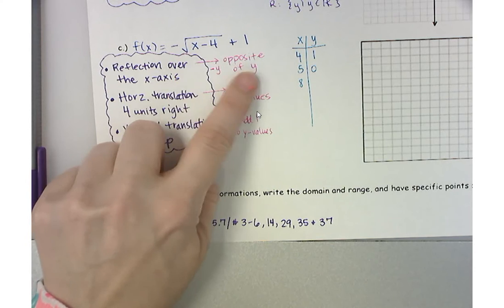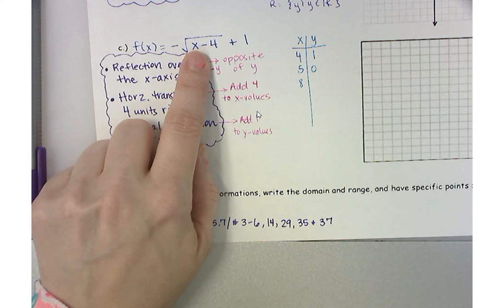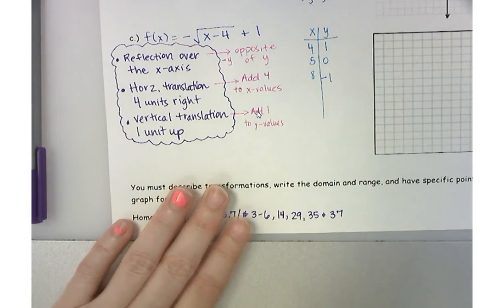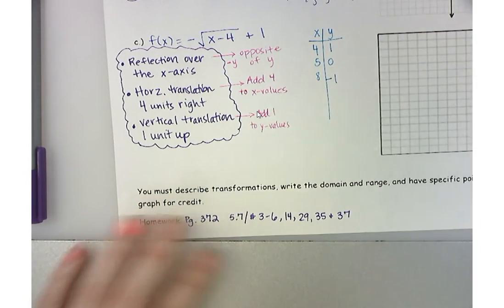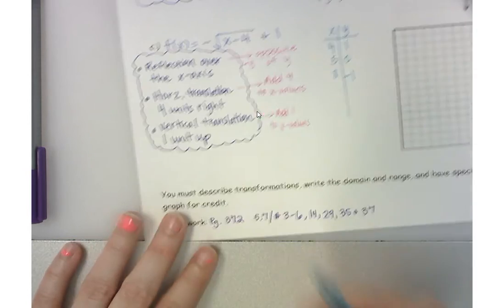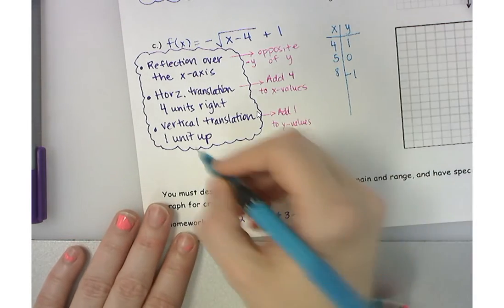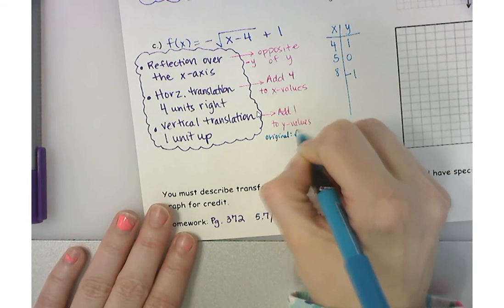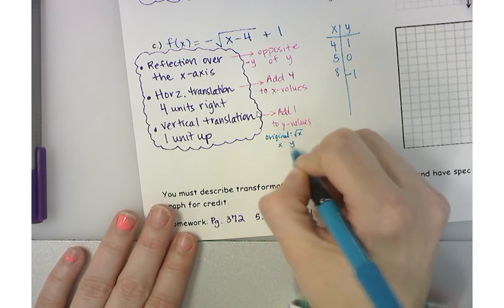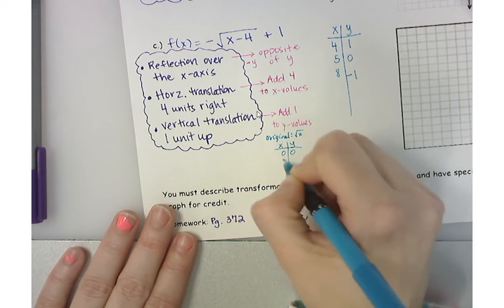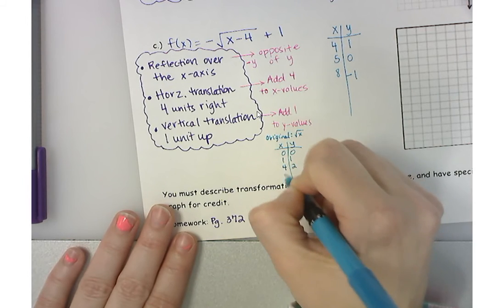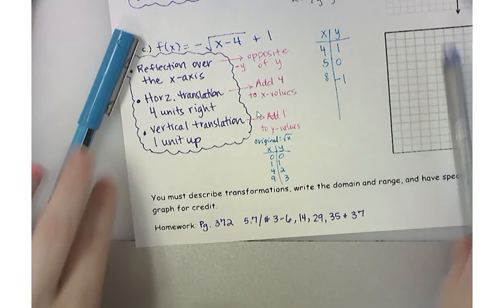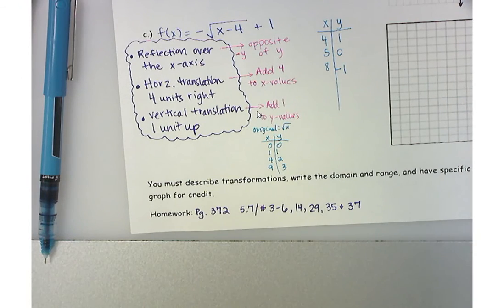So the opposite of 0 is 0, 0 plus 1 is 1. Opposite of 1 is negative 1, add 1, you'd get 0. Opposite of 2 is negative 2, plus 1 would be negative 1. Opposite of 3 is negative 3, plus 1 would be negative 2. So that's how you'd get your new y values.